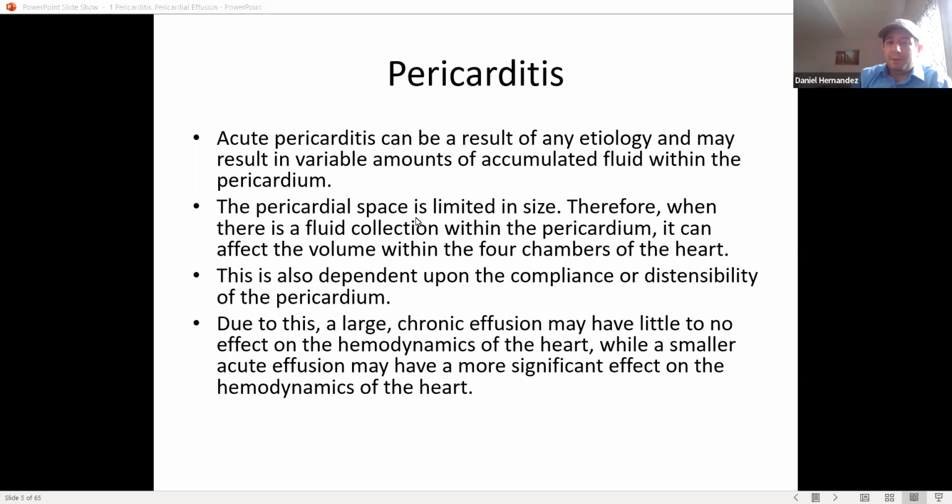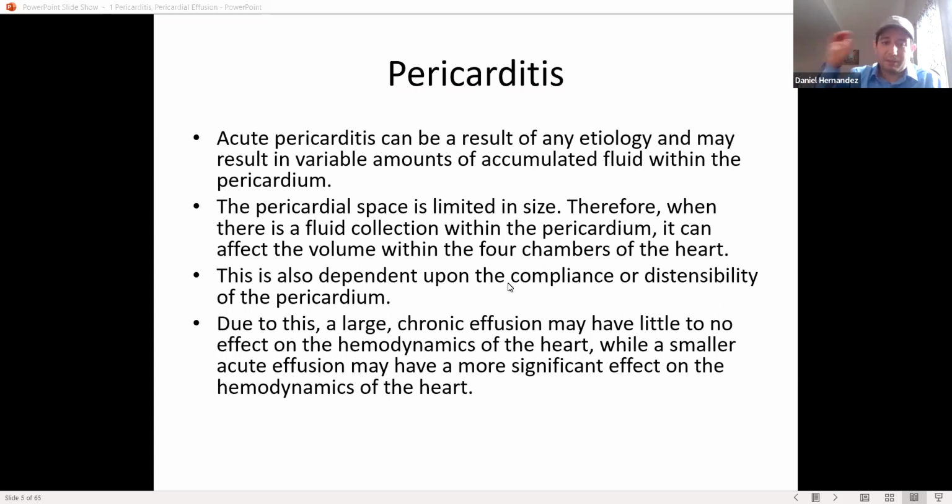Therefore, when there's fluid collection in the pericardium, it can affect the volume within the four chambers of the heart. So this is dependent upon the compliance and the distendability of the pericardium. How well is that pericardium able to stretch out? How compliant is it? And the degree to which it's distended.